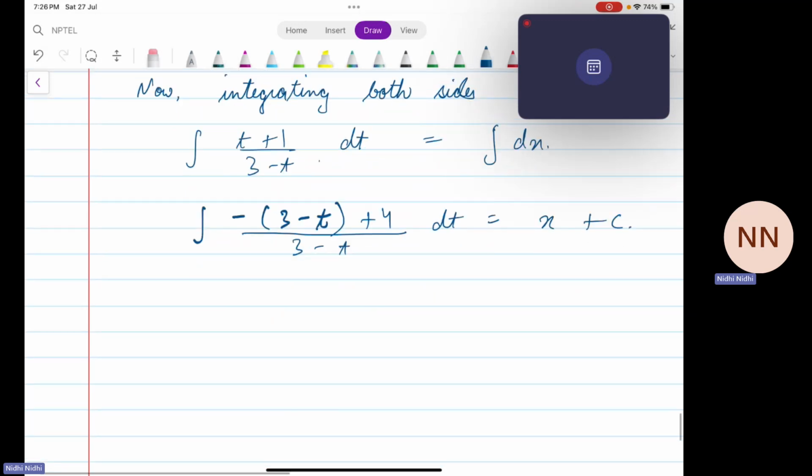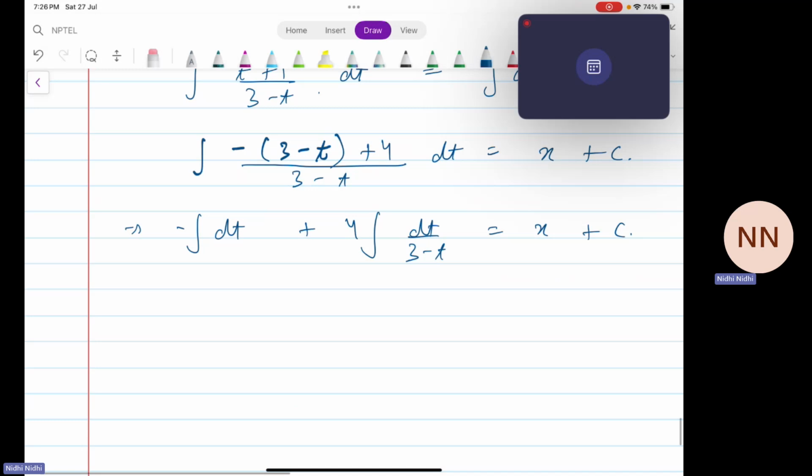Now separating the terms, we get integral dt minus plus 4 times dt upon 3 minus t. 1 upon linear, we know we can easily integrate it. This gives us minus t plus 4 ln 3 minus t upon minus 1 is equal to x plus c.